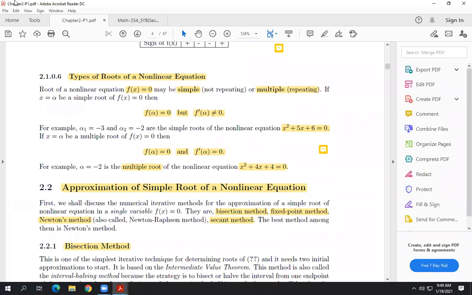Number 8, Ziyad. Yes. Number 9, Usama. Yes. Number 10, Hassan. Yes.